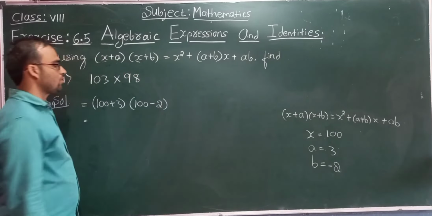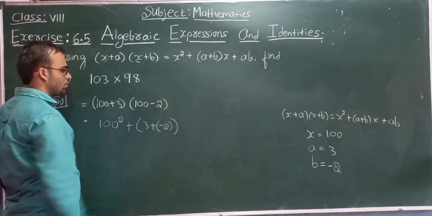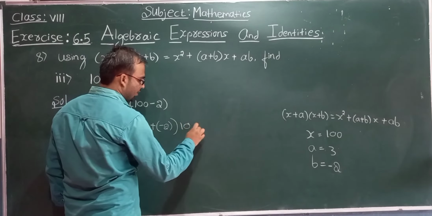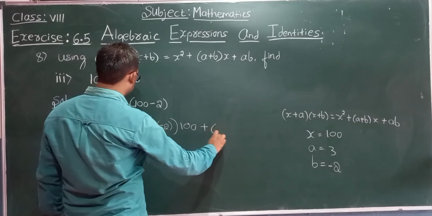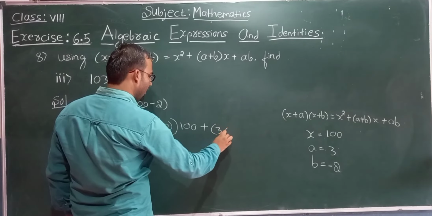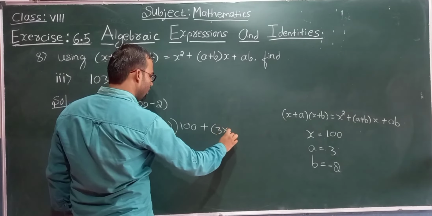Now according to the formula, x square, x means 100, so 100 square, plus a plus b, a means 3, plus b means minus 2, into 100, plus a into b, that is a means 3 into b means minus 2.